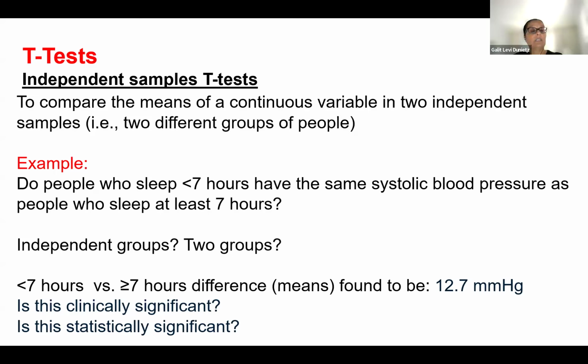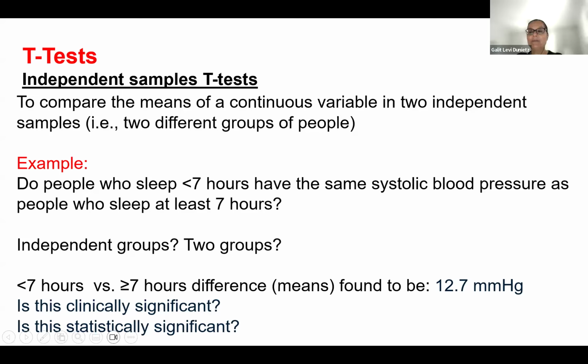So are these independent groups? I encourage responses and interaction if possible. What do you think? Are these independent groups, the short sleepers and the normal or long sleepers? Okay, so I will answer.